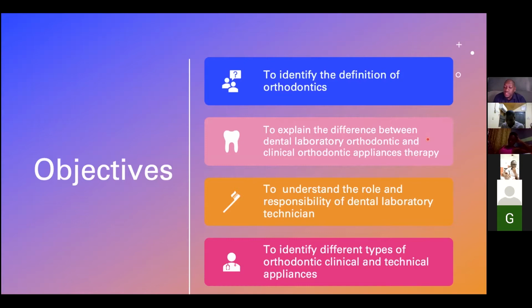We'll look to understand the role and responsibilities of the dental laboratory technician, and to identify the different types of orthodontic clinical and technical appliances. This presentation will mainly be based on the technical side, but we'll look at 1 or 2 different clinical appliances that a technician possibly may also do.